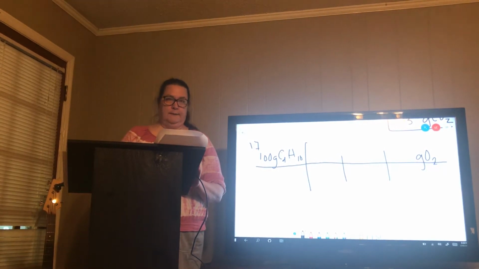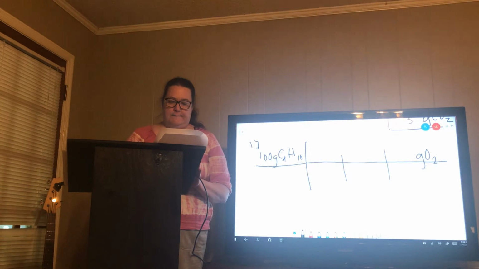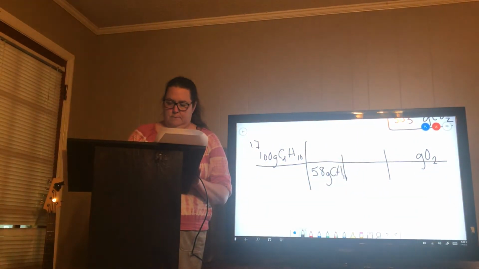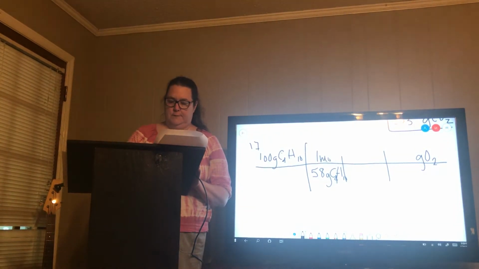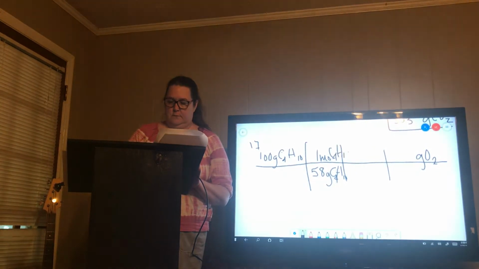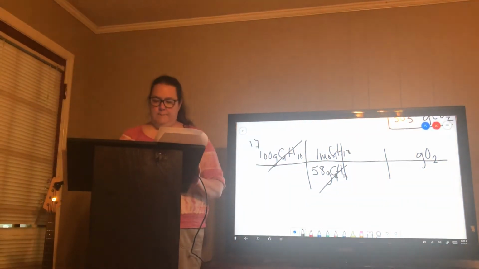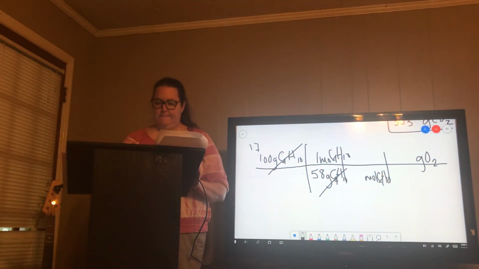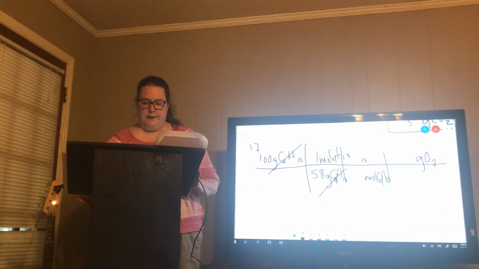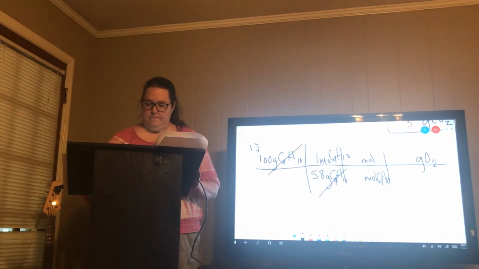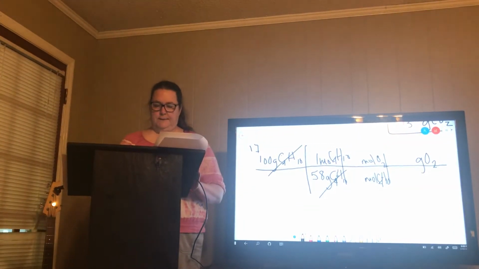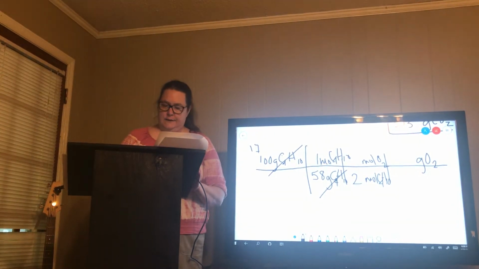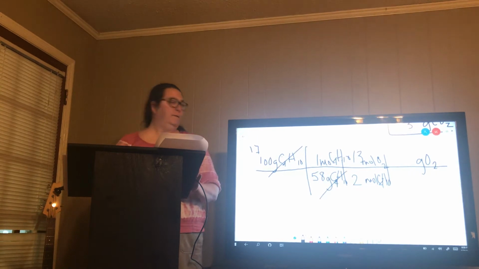I can get rid of this grams here because I know that 58 grams of butane is 1 mole of butane. So this gets rid of this. Now I've got to get rid of the mole. I can do that because I can get the ratio between oxygen and butane. For every 2 moles of butane, I need 13 moles of oxygen.